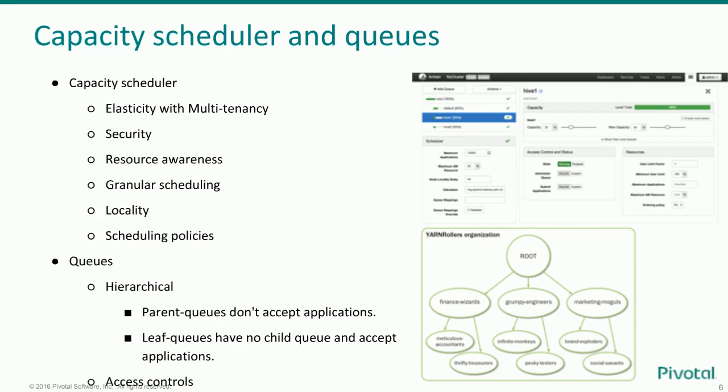If I have particular user groups within my enterprise, say engineering and marketing or research and development, I can give them access to a particular subset of the resources within the Hadoop cluster and manage that at a very granular level.